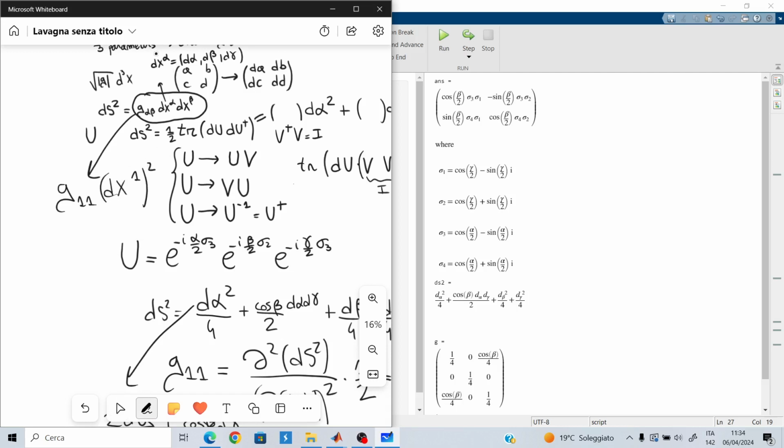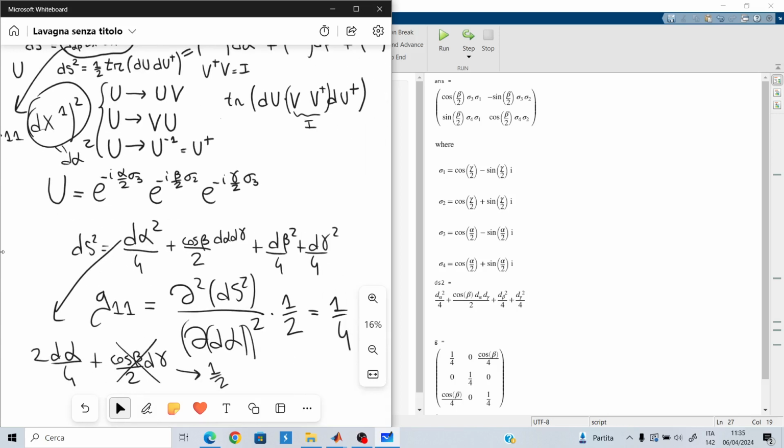But dx1 from here, you can see that is equal to the alpha. So we have the alpha squared here. So g11 should equal what multiplies the alpha squared here. So you can see that the alpha squared is multiplied by 1 over 4. So g11 should be equal to 1 over 4. And here we get the correct expression, right?